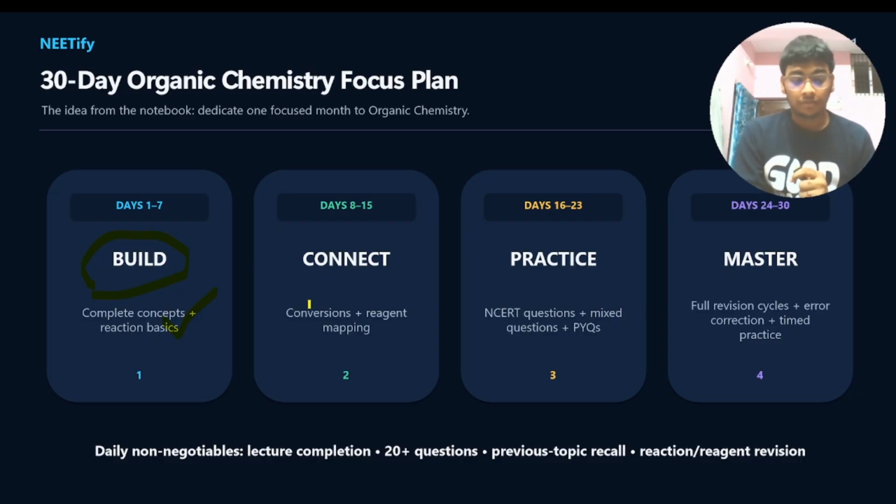And then connect, that means conversions and reagent mapping from your textbook, and practice more NCERT questions and mix questions from different coaching institute modules, and also PYQs. Don't take from random institutions. Follow only one institution and do more NCERT questions and PYQs.